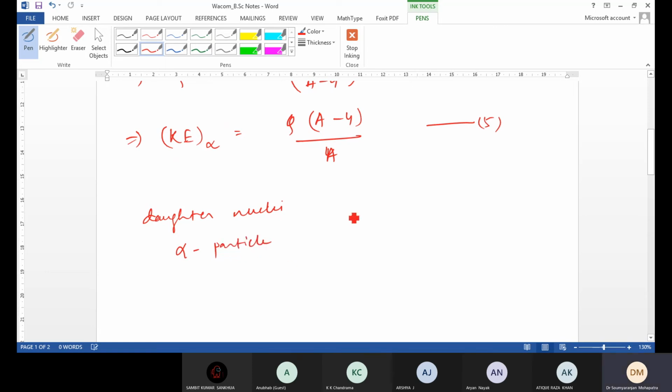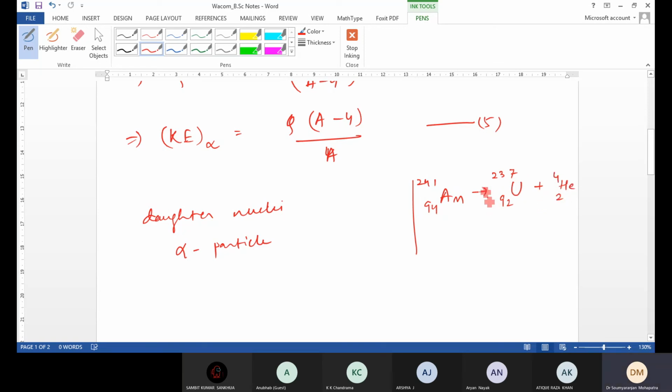So if I take one example, let's say Am-241, with atomic number 95, it gives you neptunium, with 93 and 237, plus He-4, which is the alpha particle.